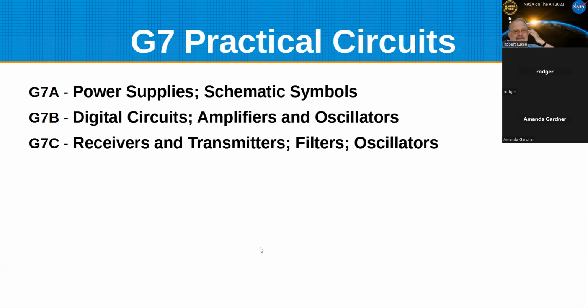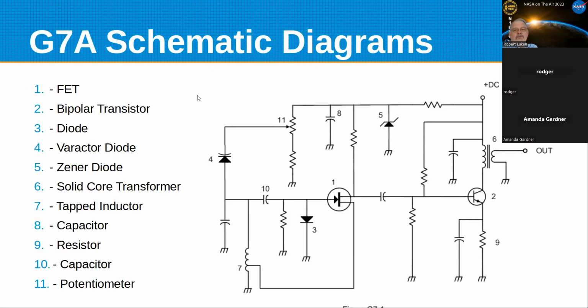So we'll cover, I guess they took out power supplies from the previous one, schematic symbols, going to digital circuits, amplifiers, oscillators, receivers and transmitters, and the other components you need. So we'll start off with one of their schematics. This is what's on the exam. So we'll go through them.